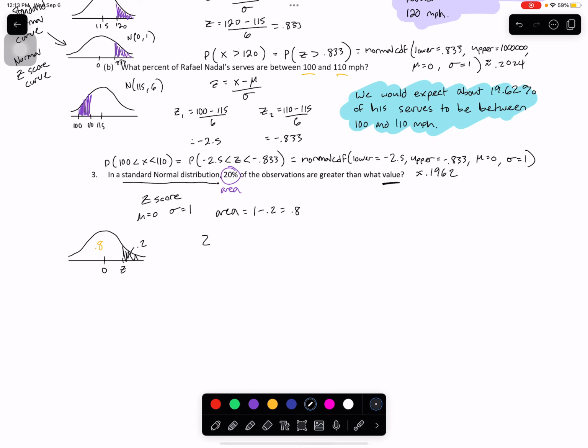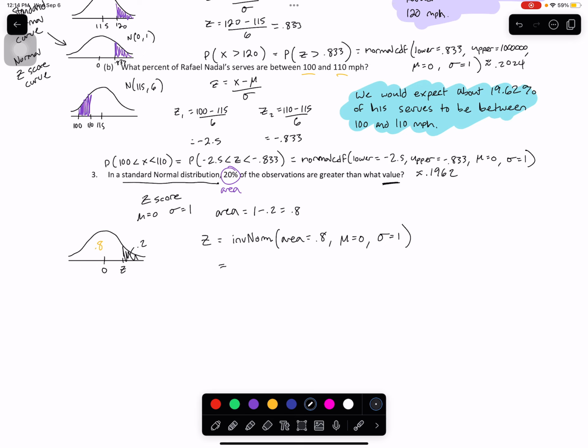So z, right, is equal to inverse norm, where my area, and you always label it, area is 0.8. My mean is 0. My standard deviation is 1. And so when you put that in the calculator, what do we end up with?